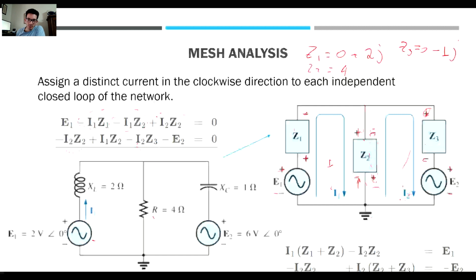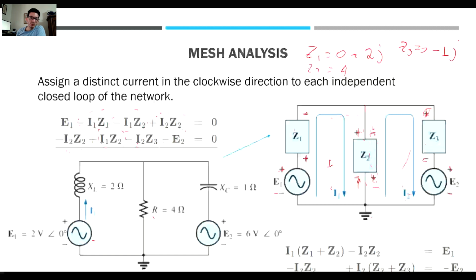And then we still have to do Z2 for the contribution of current 1. But notice that in this particular case, we're doing I1 with the polarity of this section. So it's going from negative to positive. So I1 is positive. So I1 times Z2 positive, which is right here. And the source, which our mesh is going positive, negative, so negative E2.